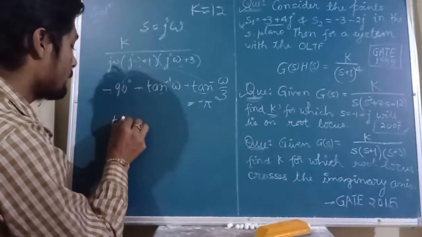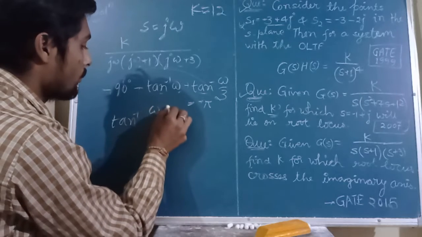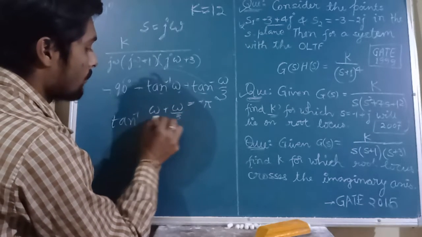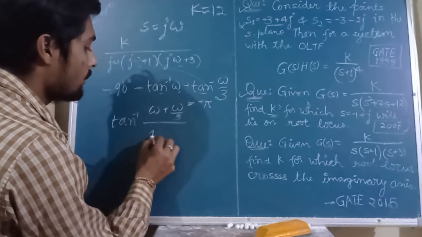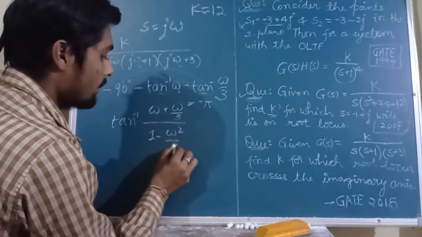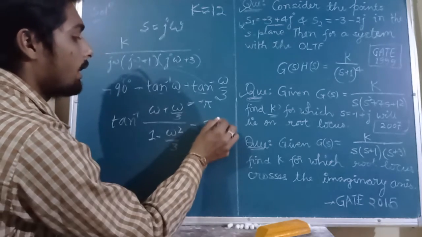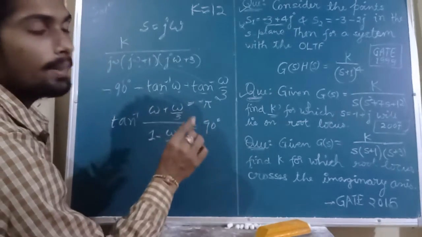We will get tan inverse of (a plus b) upon (1 minus ab), that is omega square by 3, must be equal to 90 degree, and tan 90 is infinity.